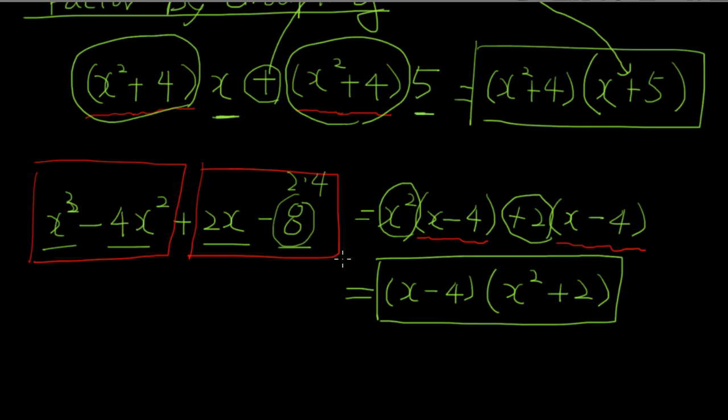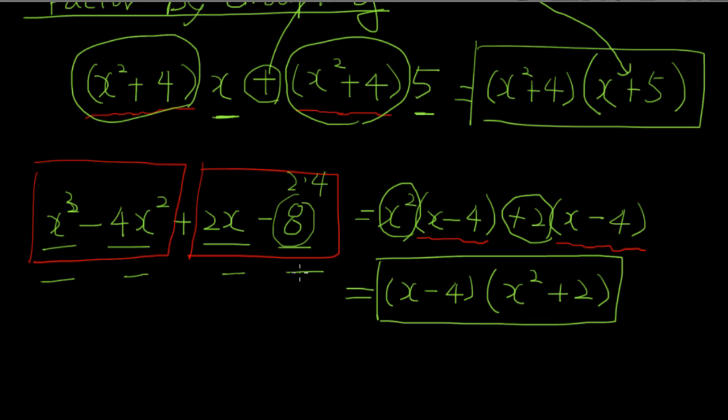And I guess you might ask, how do I know that I'm supposed to use factor by grouping? You know, factoring is so tricky. Well, let me give you a hint or tip. If you see these four terms, then it's highly likely that you have to use factor by grouping.